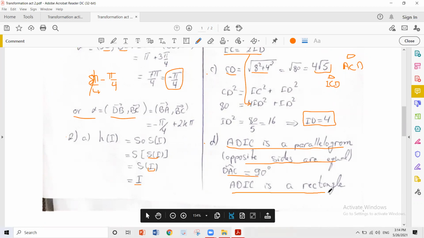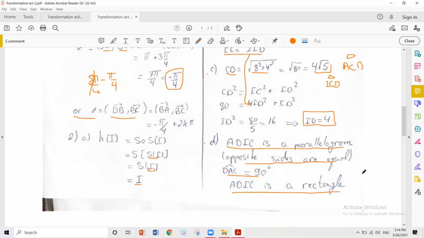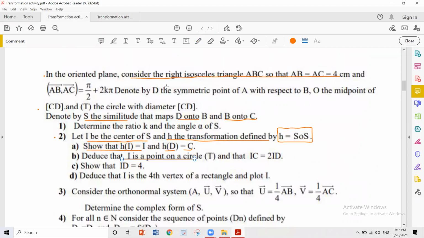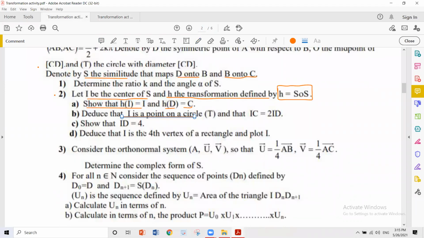Then ADIC is a rectangle. Still we have one part. Part 4 is not required. Part 3.